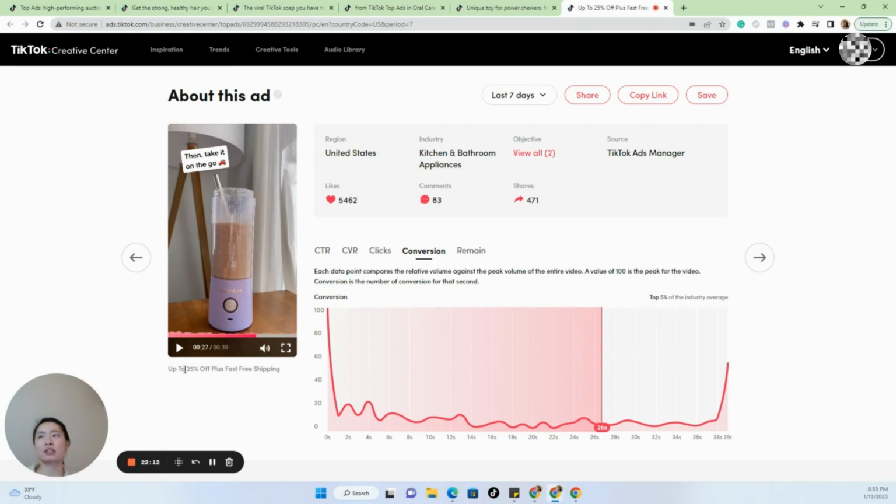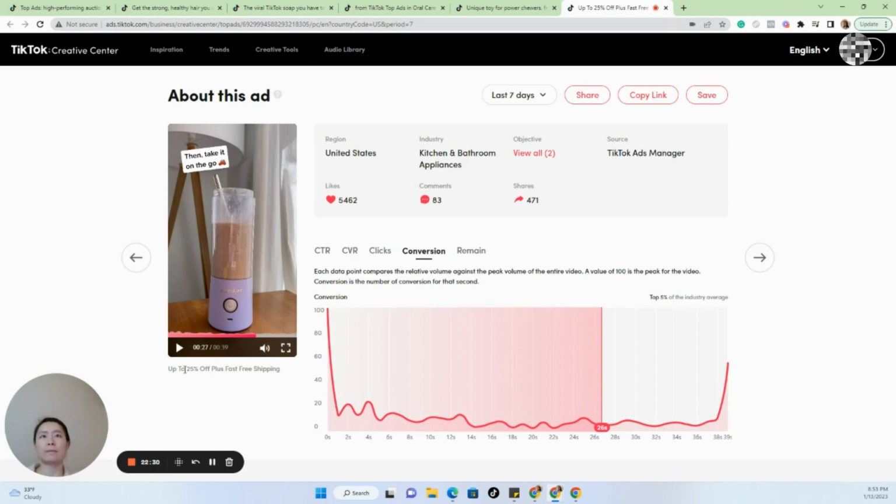First, for the hook you can utilize very popular hooks that have been going around for some time now. You just need to add in some creativity elements in there.